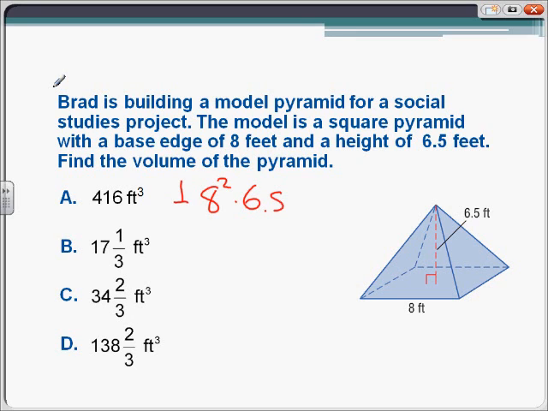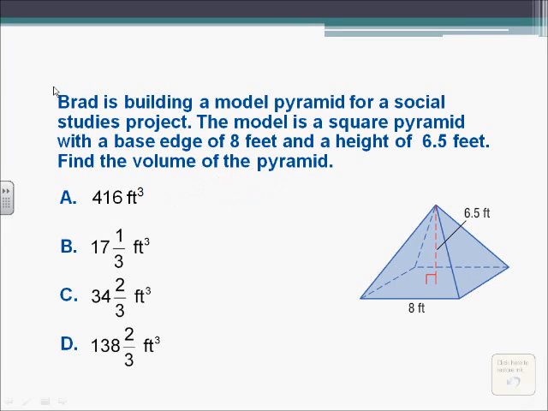And we always take 1/3 of that. So we're going to get 64 times 6.5 times 1/3. And our answer then should be 138 2/3 feet cubed, or 138.6667. Again, feet cubed because we've got a unit of feet.